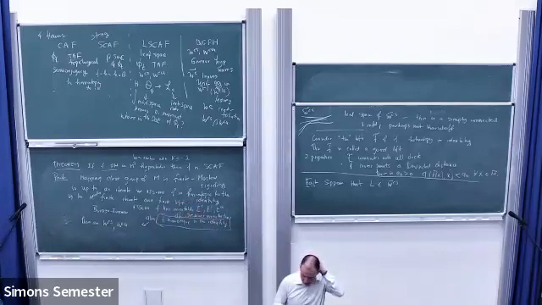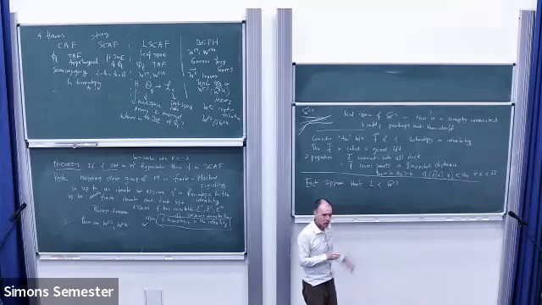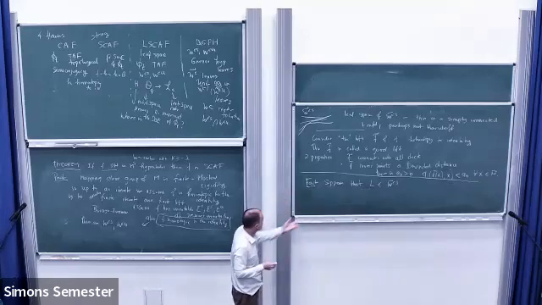What is this? Think of the time one map of the flow. It is going to preserve the flow lines, and in particular it is going to fix the leaves. I'm going to talk about what happens if that's not the case.